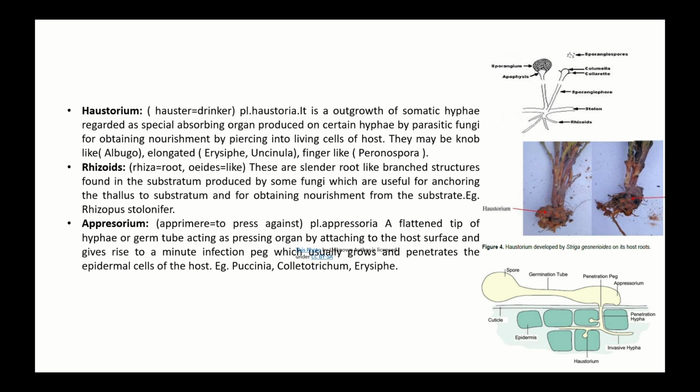Second one is rhizoid. It is a root-like structure, not a root. It is a root-like branched structure found in the substrate, produced by the fungi. For example, Rhizopus.